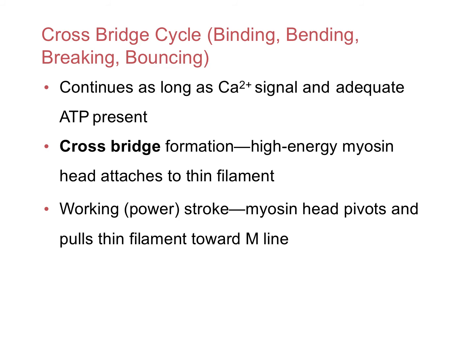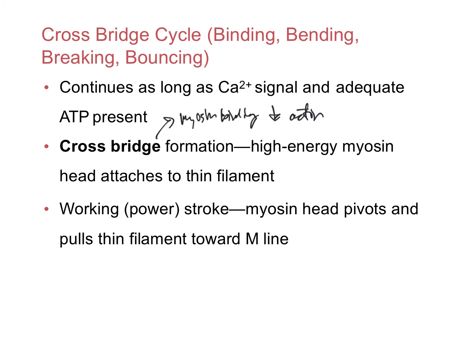Okay? So, crossbridge formation. What is a crossbridge formation? This is myosin binding to actin. That is the formation of a crossbridge. In order for binding to occur, myosin is in what we'll call a high energy form.